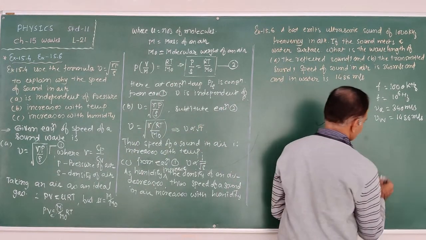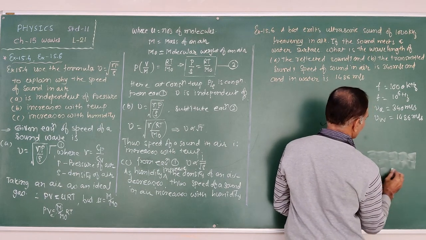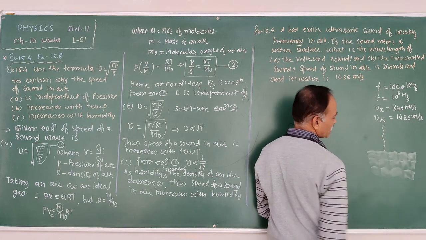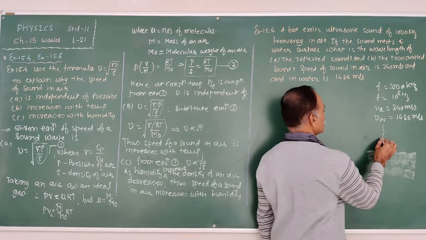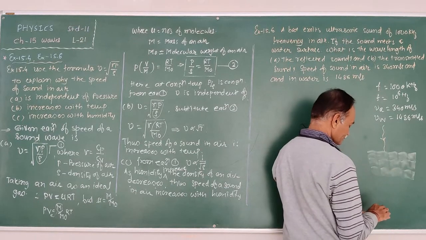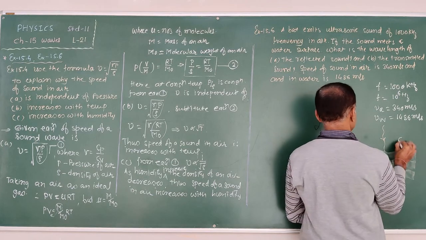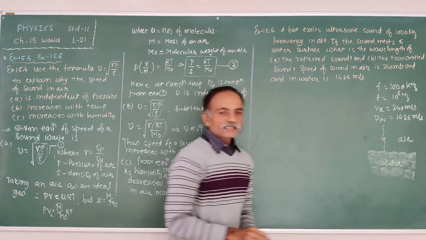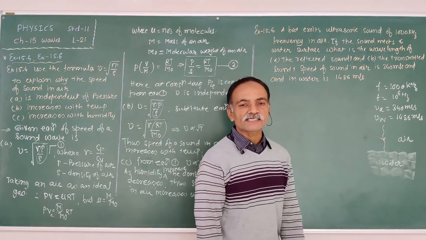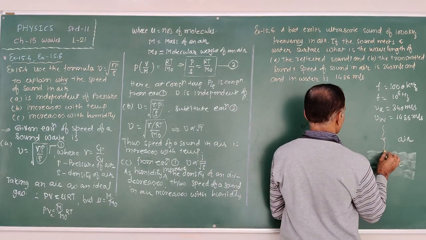Now listen. That is the surface of the water. Now ultrasonic waves are traveling towards the surface of the water. There is the incident wave, incident on the surface of the water. That is the air medium. So this wave is partially transmitted and partially reflected. The reflected wave is traveling in this direction, again in air.